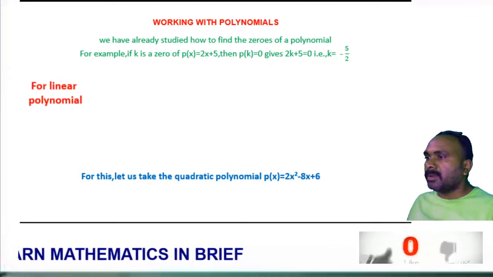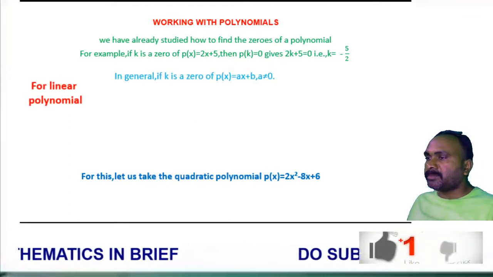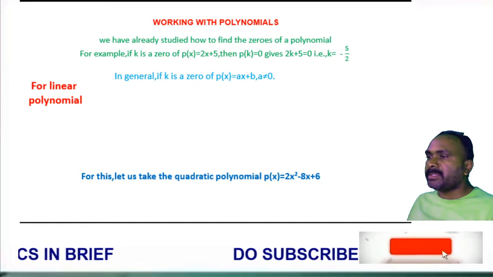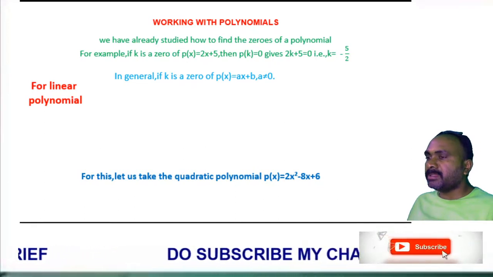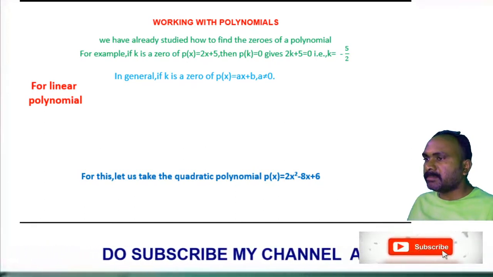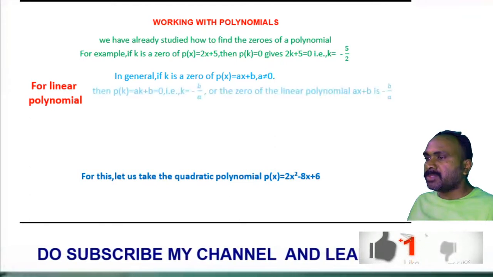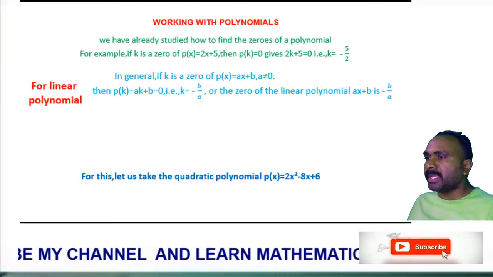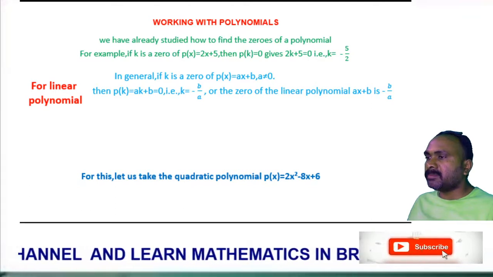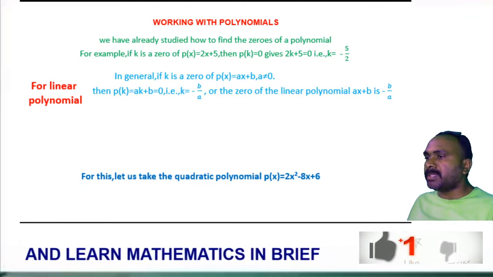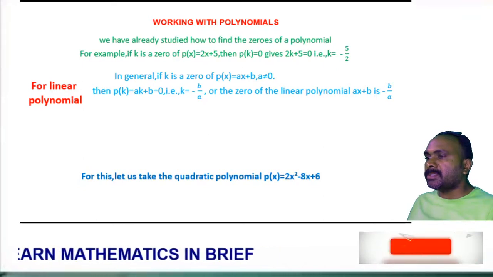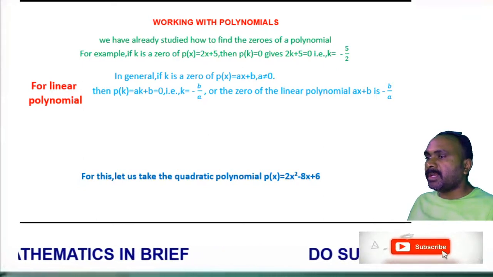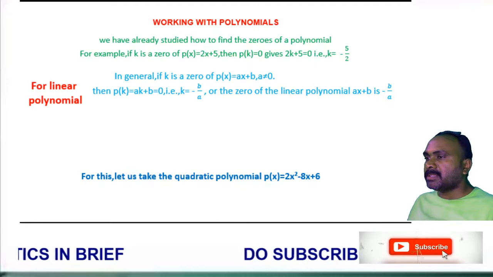For a linear polynomial, in general, if k is a zero of p of x equals ax plus b, a is not equal to 0, then p of k equals ak plus b equals 0, that is k equals minus b by a, or the zero of the linear polynomial ax plus b is minus b by a.